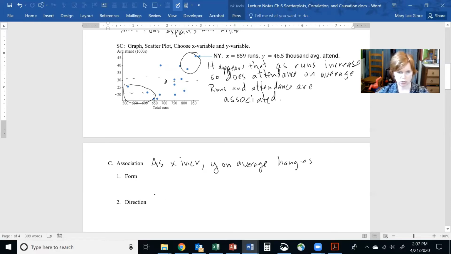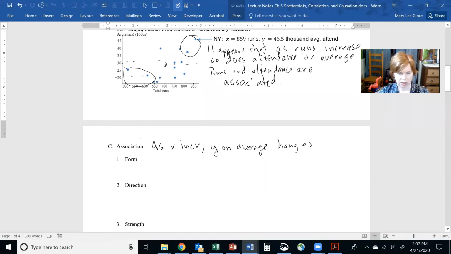All right, so when we describe an association, there's three things that we talk about: its form, its direction, and its strength. So the form is the overall pattern. What is the shape of that pattern?